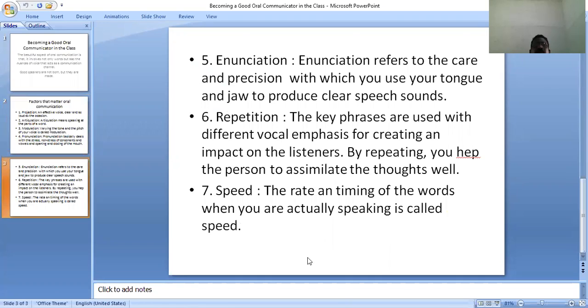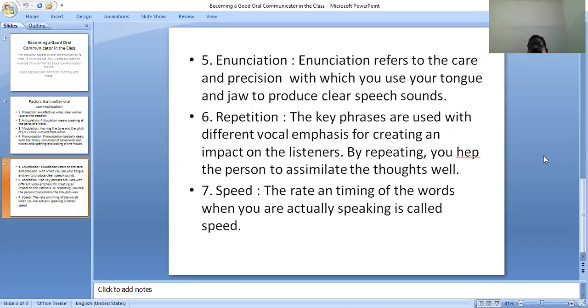Enunciation. Now, the fifth point is enunciation. What is enunciation? It refers to the care and precision with which you use your tongue and jaw to produce clear speech sounds. Suppose your hands are tied back, can you speak properly?